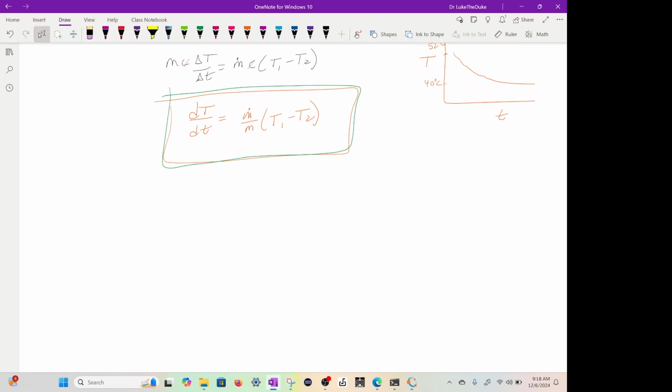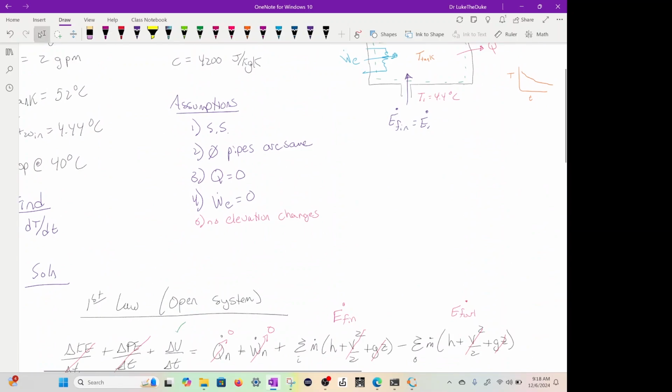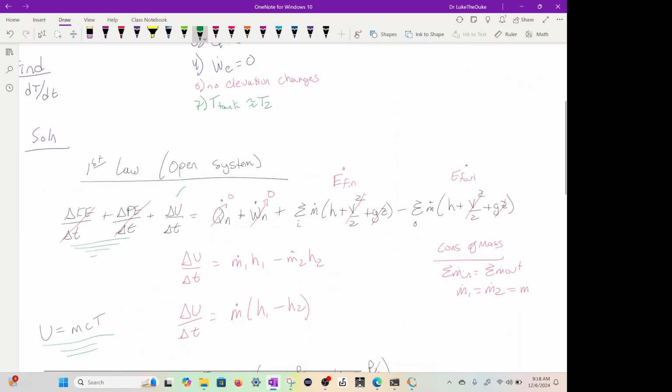T1 is always going to be 4.4 degrees C, minus T of the tank, because we're assuming that whatever goes out is the temperature of the tank. Makes life easier. We can include that in the assumptions: T of the tank is close enough to T2.